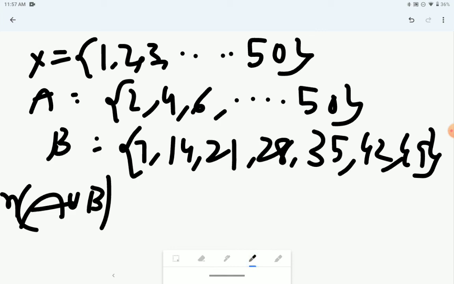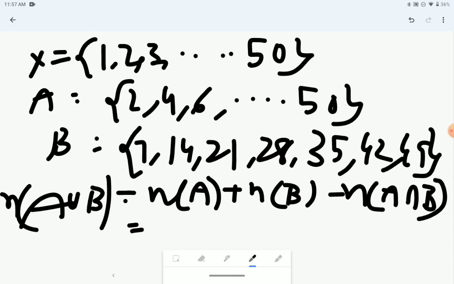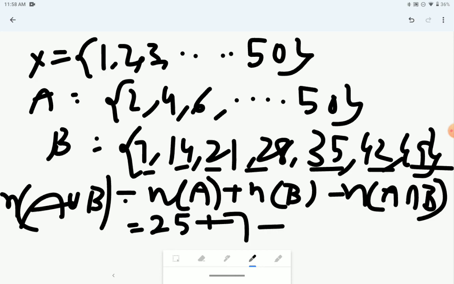We have a formula which is n of A union B is equal to n of A plus n of B minus n of A intersection B. Now here in the above set, n of A is 25 and n of B, 1, 2, 3, 4, 5, 6, 7, contains 7 elements, plus 7, minus the intersection.